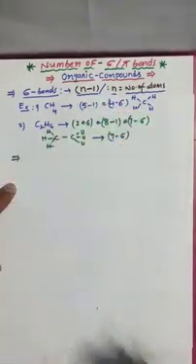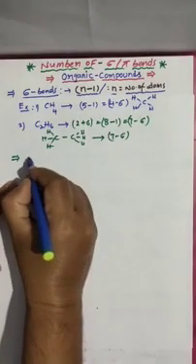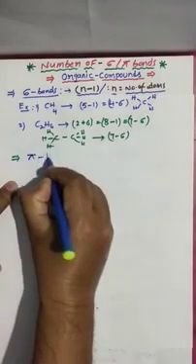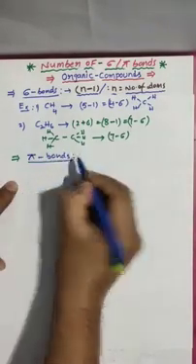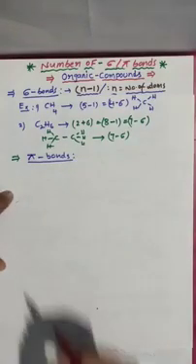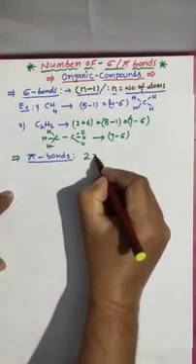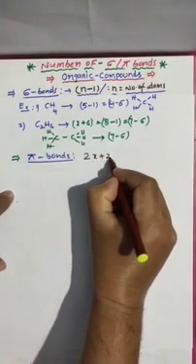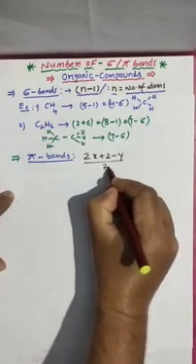What about pi bonds? How to calculate pi bonds? So I am explaining the formula for pi bonds. We have a simple formula to calculate pi bonds, that is 2x plus 2 minus y upon 2.